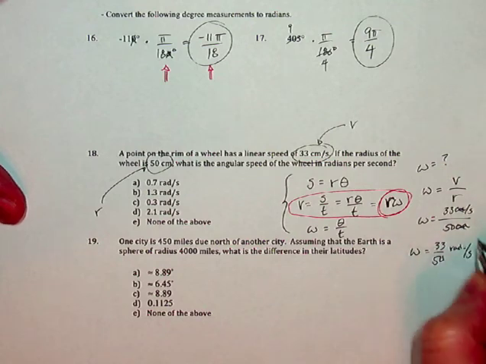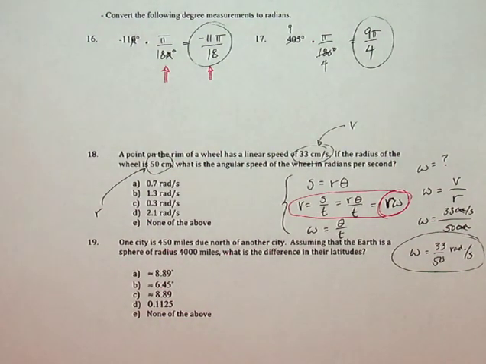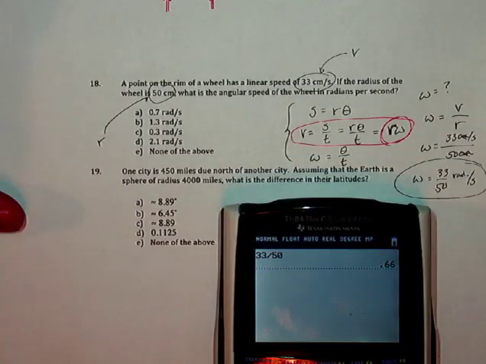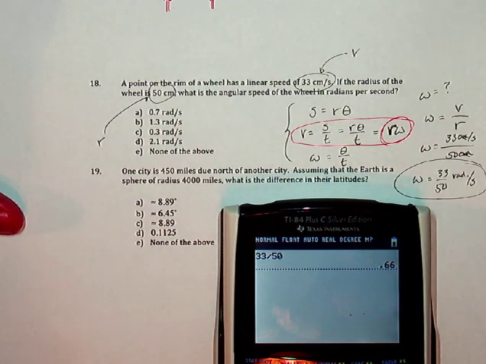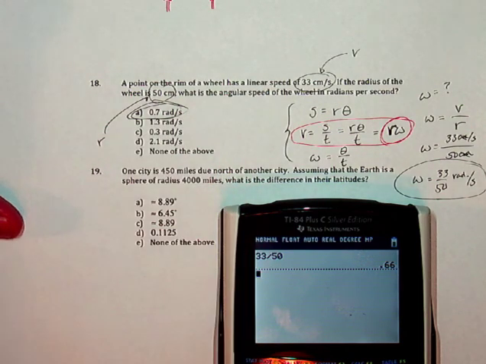Remember, radians passes in and out of existence as a unit because it really isn't a real unit. Now, if you pop it into your calculator, 33 over 50 is 0.66, and the best approximation is A right there, radians per second.